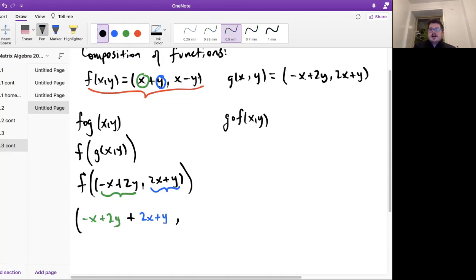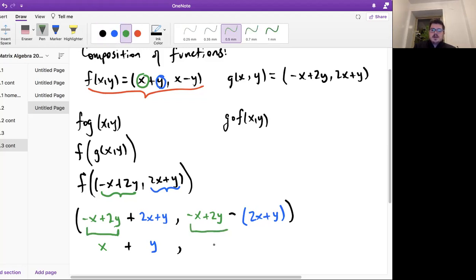And then your second coordinate in your composition is whatever the first coordinate is, that's negative x plus 2y. And then you're subtracting whatever your second coordinate is, which is 2x plus y. So this is your x plus y. And this is your x minus y.